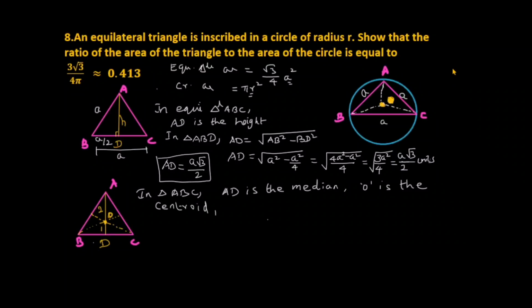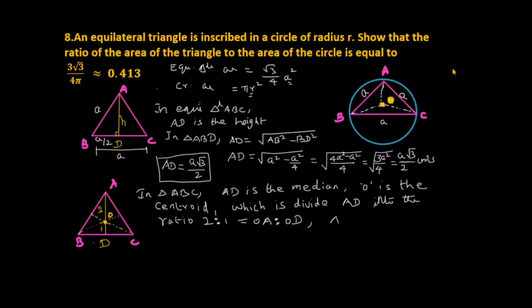The centroid divides AD in the ratio 2:1, which means OA is to OD is 2:1. Two parts for OA and one part for OD.